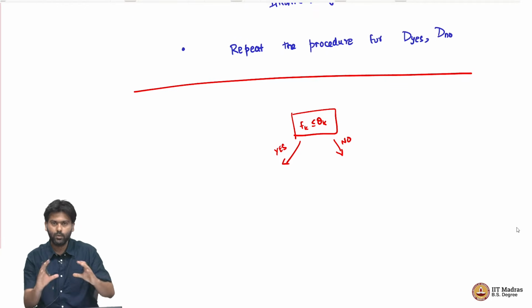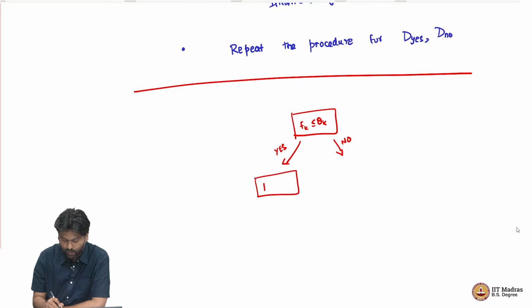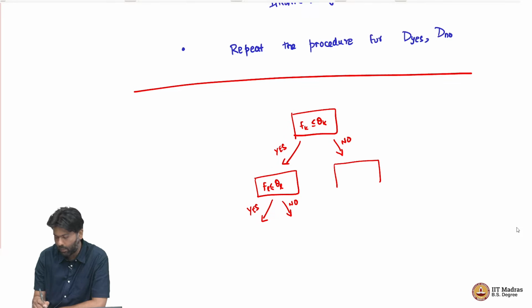Among the remaining questions, you still have to figure out which one gives you the most information gain, and then let us say that is some Fl for the left hand side, Fl less than or equal to theta l is the question that has the best information gain, and then that will divide it into two parts, yes and no. And maybe on the other side the question is Fr less than or equal to theta r, and that will divide it into yes and no, and so on, right.